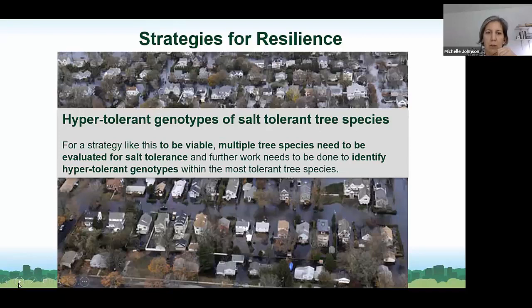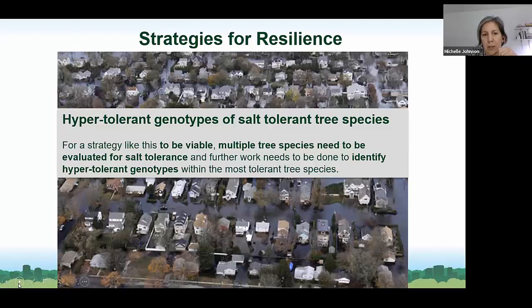And so this is even digging further beyond just species selection, but really selecting certain varieties of those species that are going to be even more tolerant to places that will be flooded, to best be able to still have street trees in these areas that are going to be flooded multiple times in the coming decades.